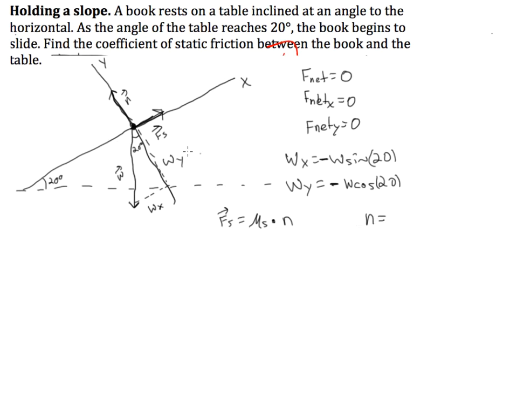So, like we talked about, F net y right here, it's got to be 0. So the normal force has got to be equal to the y component of the weight force, which is negative W cosine 20. So we can go ahead and plug that into our expression.